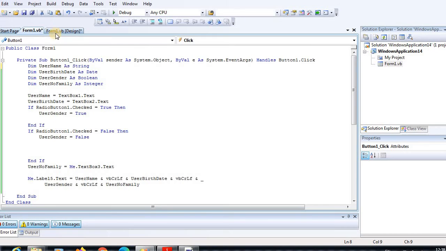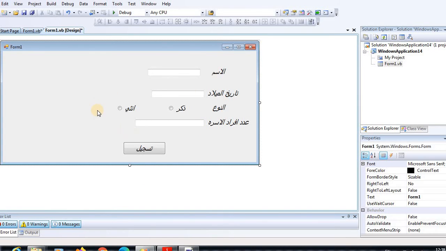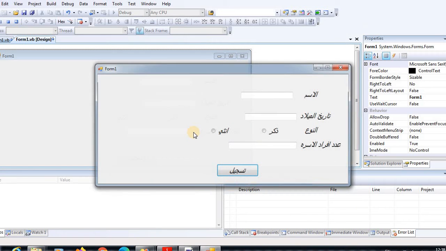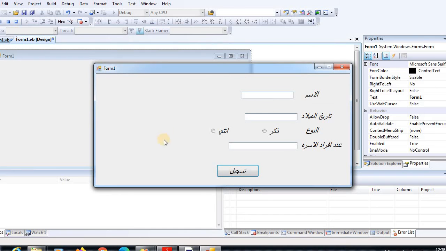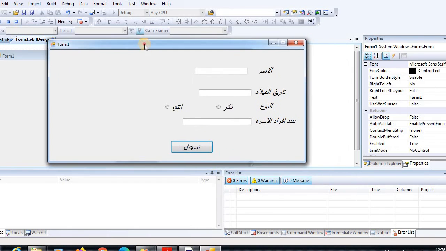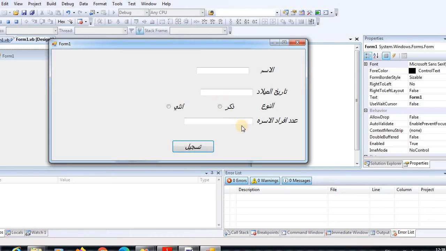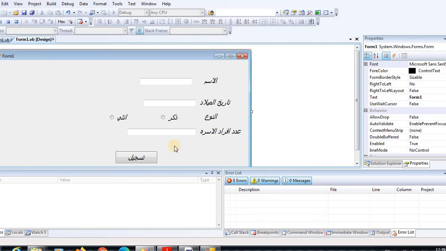Let's see that. This is our form. We created that form. We determine here. Let's press F5 to run the application like this. I clicked on F5 to find the application as a user. Now I'm using my form as a user.